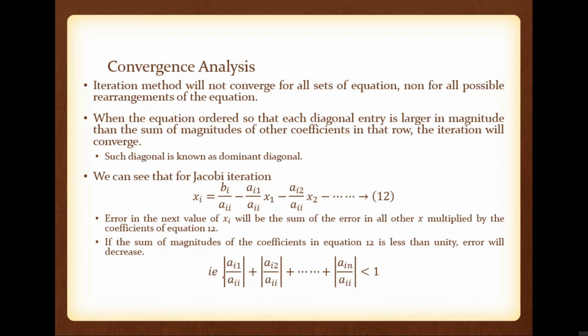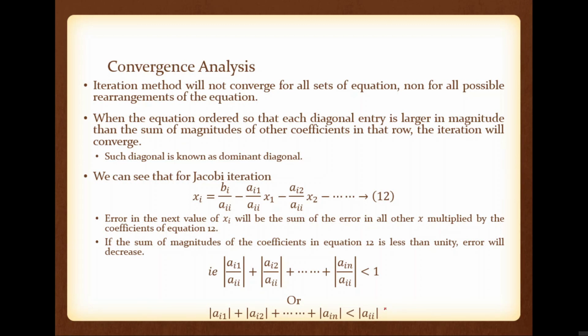Please note, if this left hand side is less than 1, we can modify this equation. After modification, we can write that if the sum of the magnitudes of the components other than the diagonal element is less than the magnitude of the diagonal element, meaning if magnitude of ai1 plus magnitude of ai2 plus etc. plus magnitude of ain is less than magnitude of aii, definitely you can say the given system is convergent.